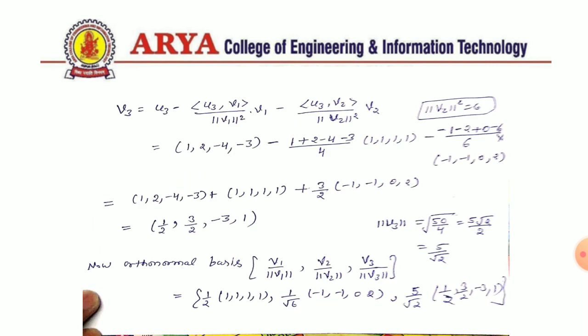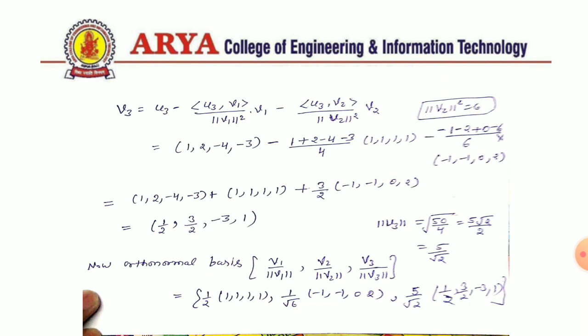Again vector V3 we can write as U3 minus inner product of U3 with V1 upon norm of V1 squared into V1, minus inner product of U3 with V2 upon norm of V2 squared into V2. Here norm of V2 squared equals 6. Now putting all these values, in place of U3 we put 1 2 minus 4 minus 3.